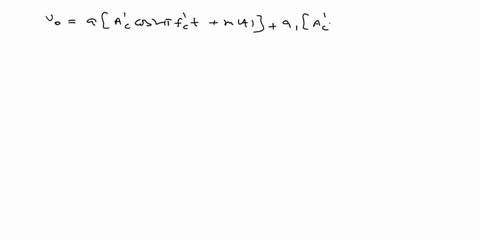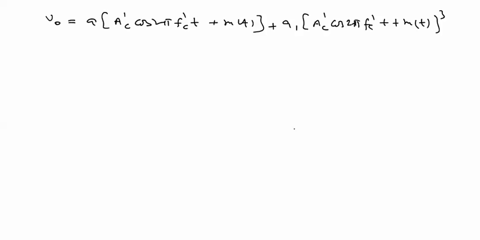V out equals A1 Ac dash cos 2 pi fc dash t plus m(t), whole cube.